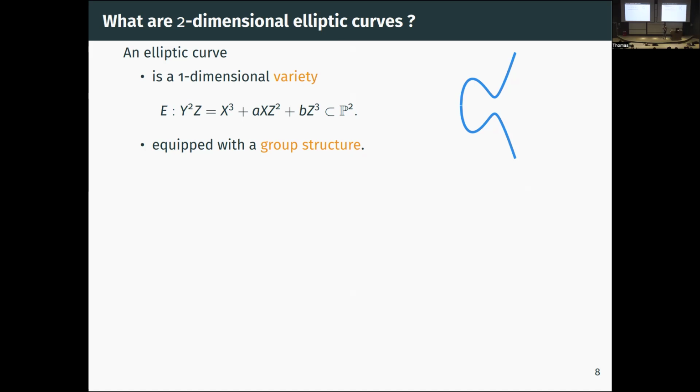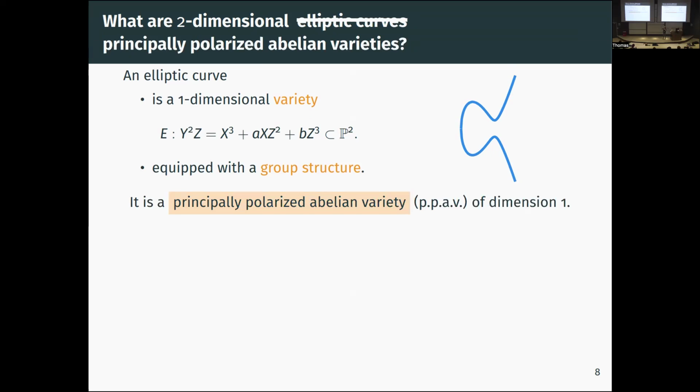And what makes elliptic curves special among the set of all curves is that we have this group structure defined on an elliptic curve. And the formal way to say what an elliptic curve is, is that it is a principally polarized abelian variety of dimension 1. And so the question on my slide should have actually been, what's a principally polarized abelian variety of dimension 2?